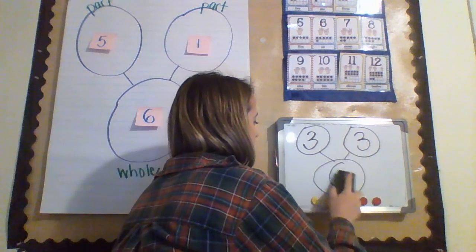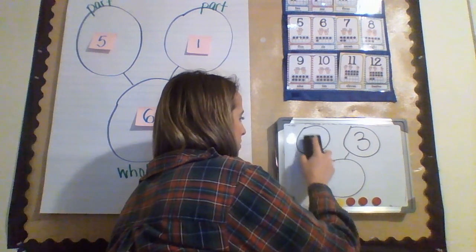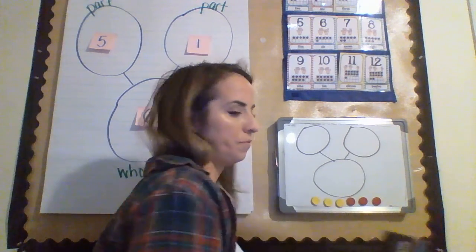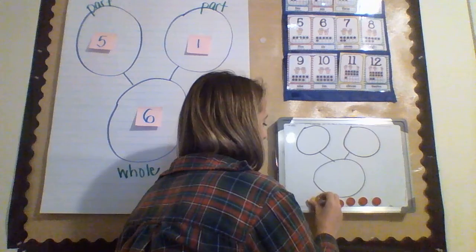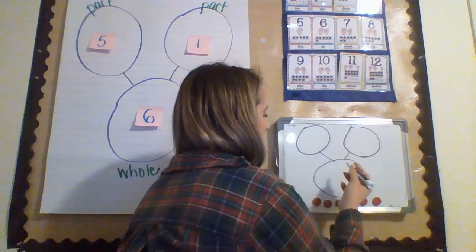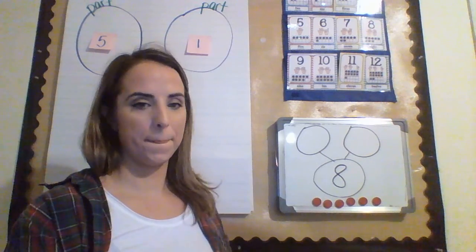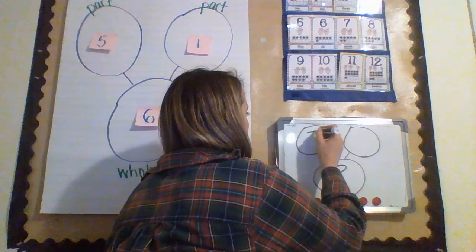All right, so I'm going to erase my 6. You should erase your 6, and your 3, and your 3. All right, I'm going to make sure all of my counters are red. Your next number is the number 8. Okay, my first part is this one.